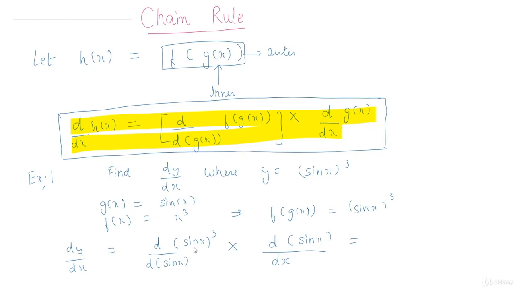So on similar grounds, we can say d by dx of sine x whole cube, when the input parameter is sine x, is 3 sine square x, or we can say 3 sine x whole square, both are the same thing, multiplied by the differentiation of sine x with respect to x. So as we have seen previously, d by dx of sine x is cos x. So the final result for this composite function is 3 sine square x cos x, right?